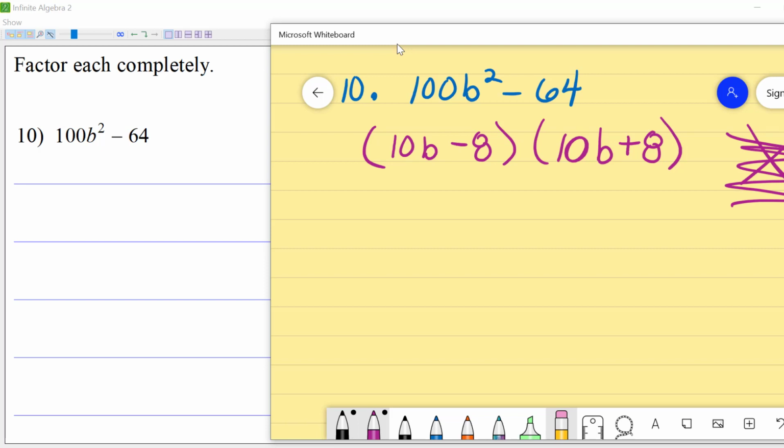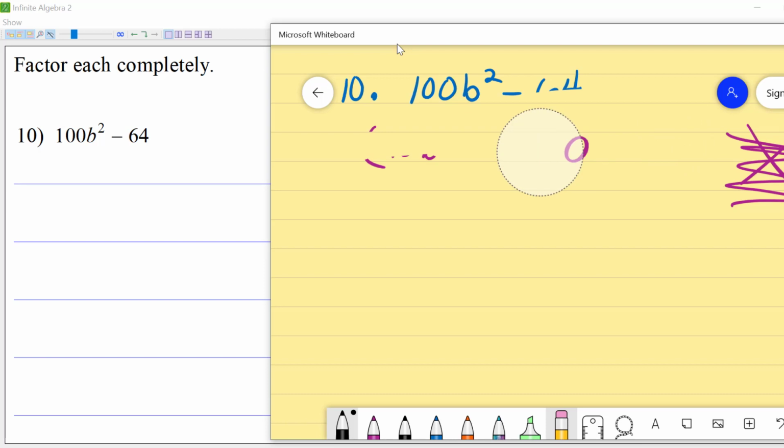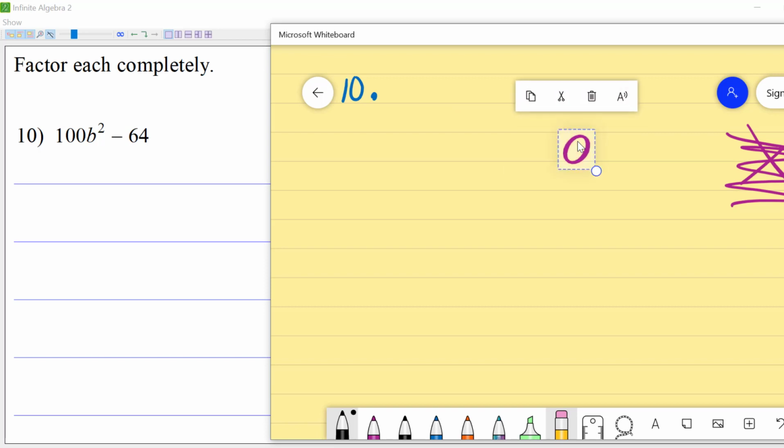So I'm like, nope. So what's wrong? This is what's wrong. What's incorrect about this problem is that the student did not look for the GCF. So the answer that was provided when it was incorrect was not completely factored.